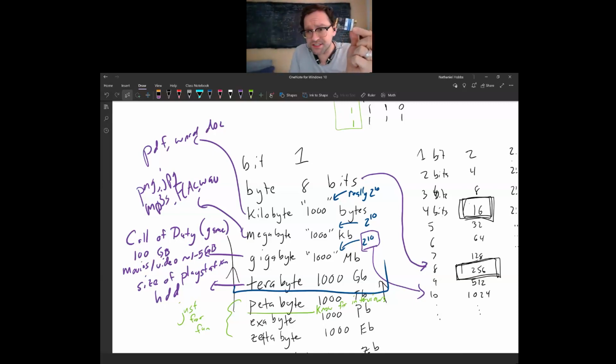You have a solid state drive for things that you want to go fast, and then you have a big drive like this that's cheaper to hold all of your big files. Your operating system you want on the SSD because when you turn on your computer, you want to arrive at your desktop as quickly as possible.